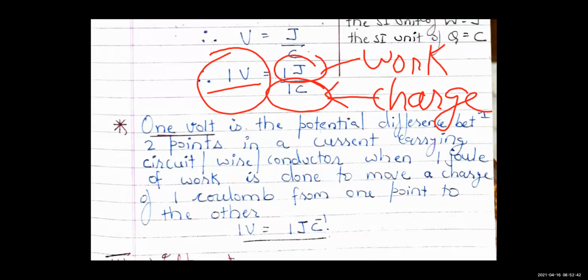So 1 volt is 1 joule per 1 coulomb. Right, beta? This is a very important definition.